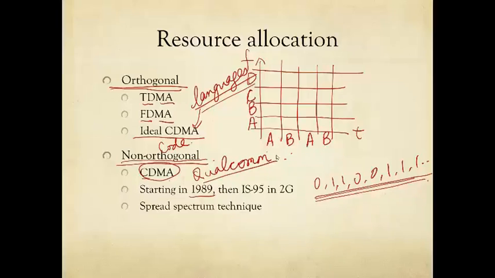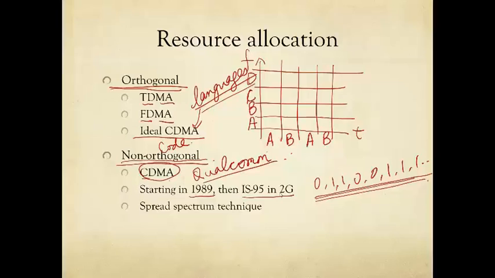And that was back in the late 80s. And then after quite a few years of debates in the 90s, it finally got standardized as so-called IS-95 as one of the 2G standards, and got very popular in the US for certain operators and in certain parts of Asia.